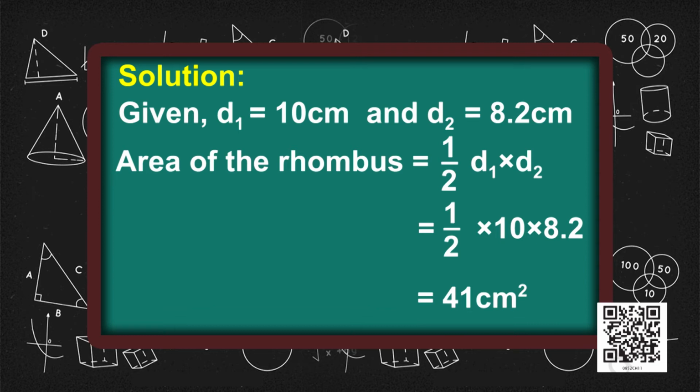It is given that the diagonals d1 is equal to 10 centimeter and d2 is equal to 8.2 centimeter. And we know that area of the rhombus is equal to half into d1 into d2, which is equal to half into 10 into 8.2, which is equal to 41 centimeter square.